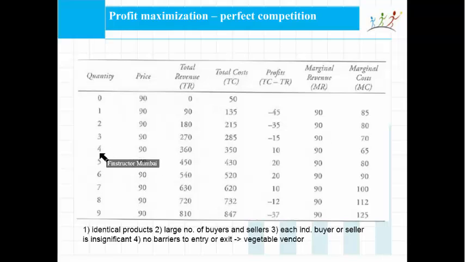If he sells from 4 to 5, then what will be the revenue from one additional product? It will be $90 because he's selling every additional unit at $90. So please remember that the marginal revenue in the case of perfect competition is equal to the average revenue is equal to the price.